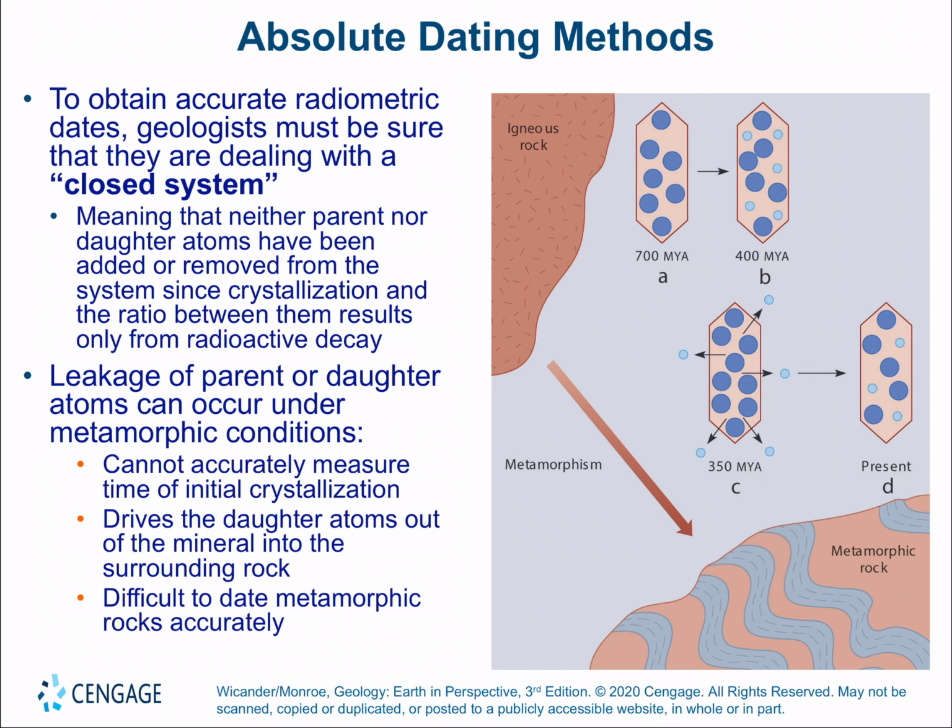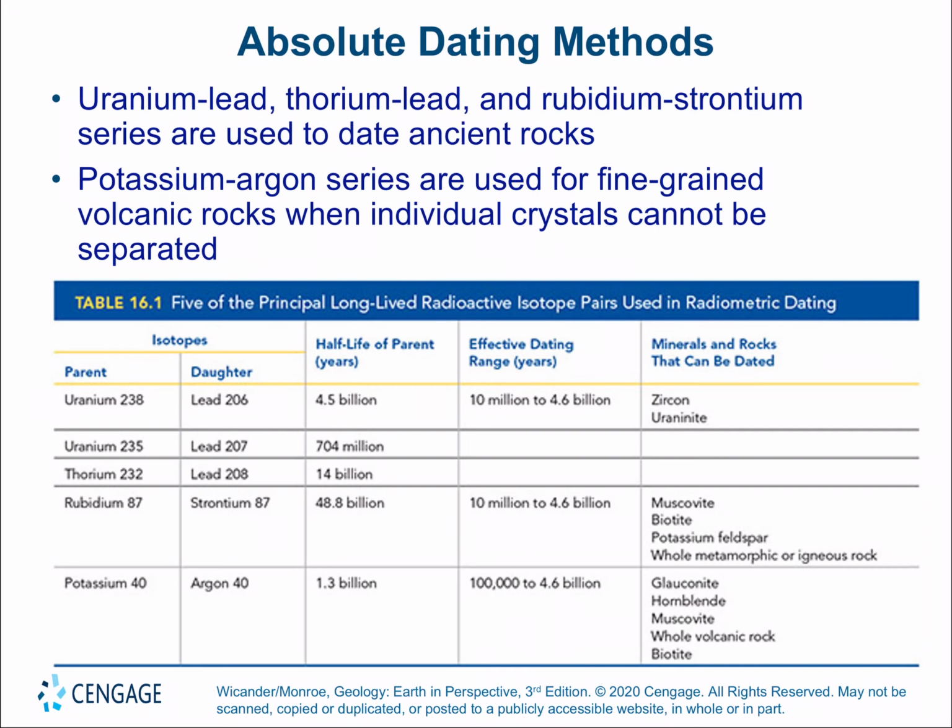Now, the leakage of the parent or daughter can occur under your metamorphic conditions. So if we have leakage, we cannot accurately measure the time of initial crystallization. What happens is it drives the daughter atoms out of the mineral into the surrounding rock. So that's why it's difficult to date your metamorphic rocks.